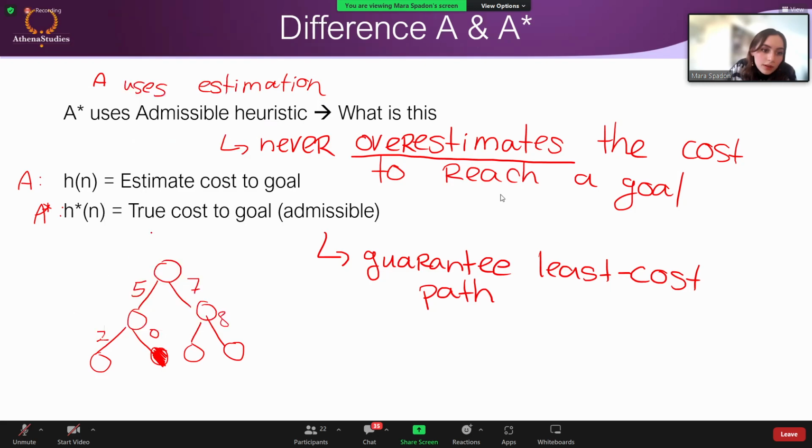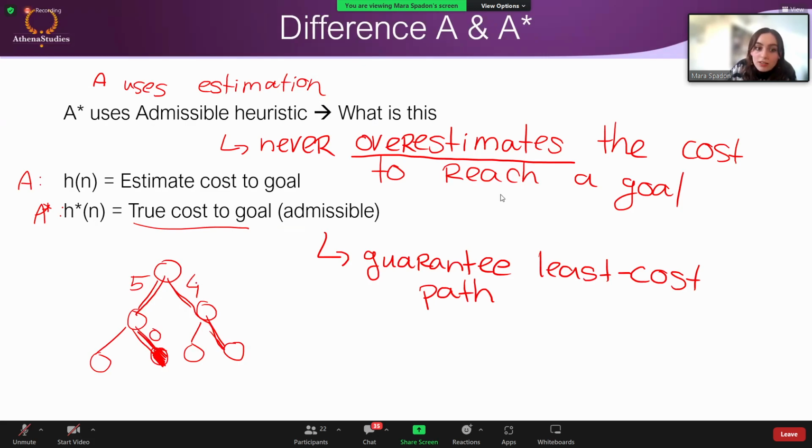That way we know that if we use A star search, it will follow this path, right? Because it has a true cost to the goal, so it will find it. If we use A search, for example, you could just have an estimate. So what if it estimates it wrongly and it says this one is 5, but this one is 4, right? Then it could actually go into this branch and come back later to find out, oh, I actually had to go that way.